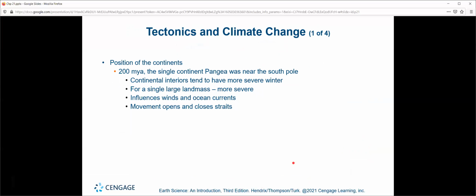The positions of the continents, as I alluded to earlier in this video, play a big role in this conversation. Of course, we are aware that some 200 million years ago, there was a single continent called Pangaea, more or less near the South Pole. The continental interiors tended to have more severe winters, and for the single large landmass, this all was more severe. The organization of the continents plays a big role in the flow, in the movement of the currents of the ocean and the wind.